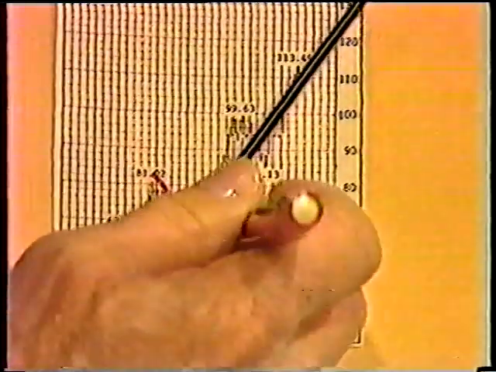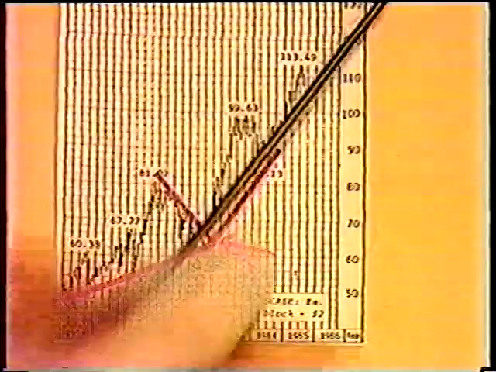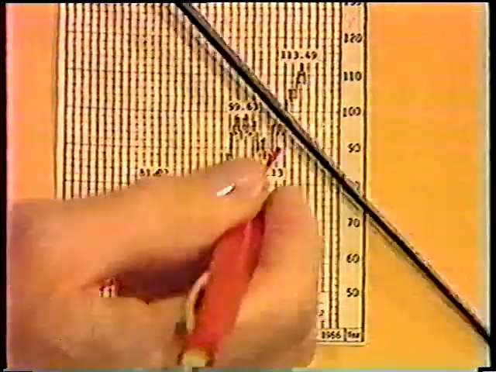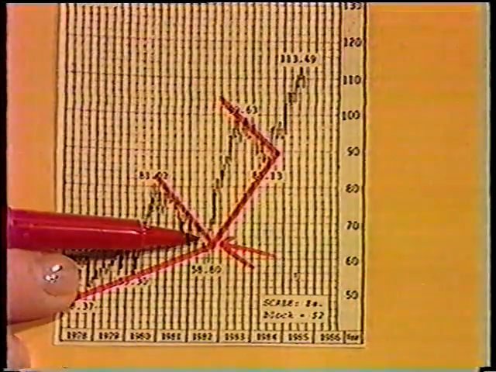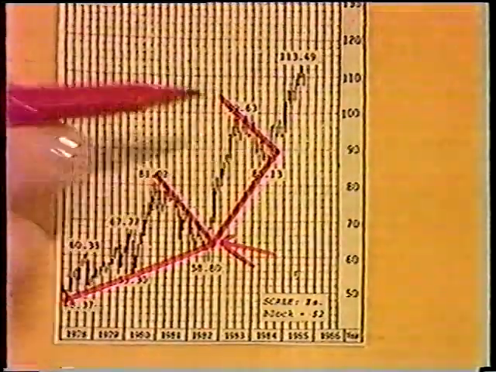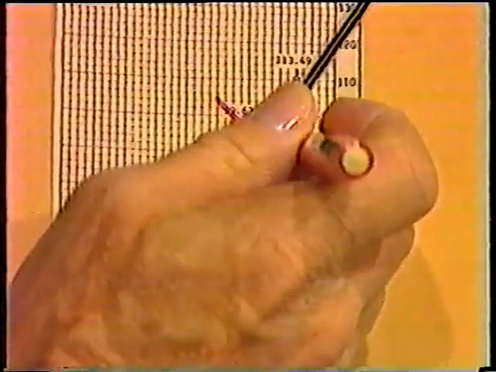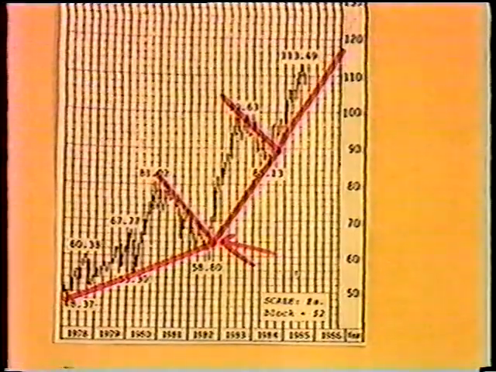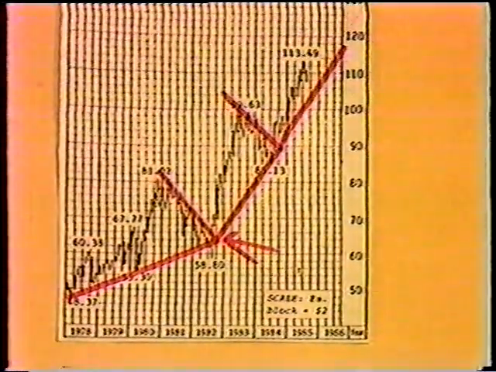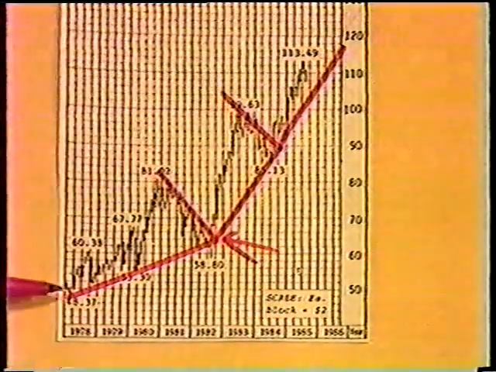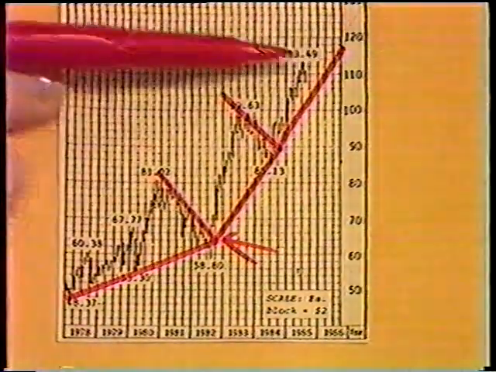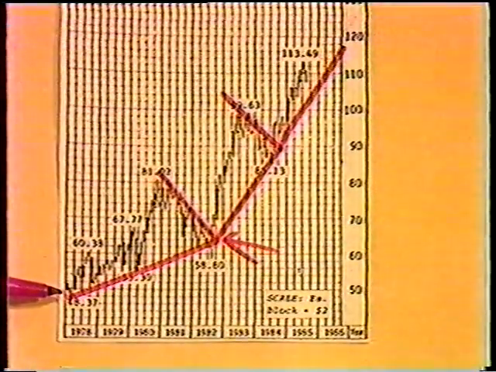Now then, we have the second leg and the indecision pattern. Notice the symmetrical triangle here and the symmetrical triangle here.